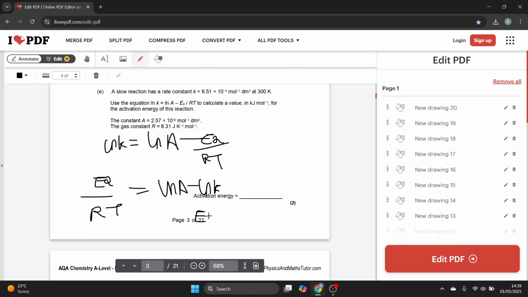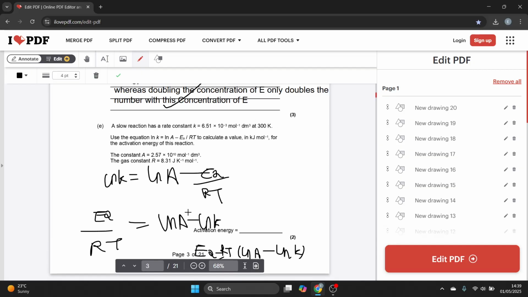Therefore, Ea equals ln A minus ln k times RT. And I want the activation energy in kilojoules, while it is usually measured in joules.